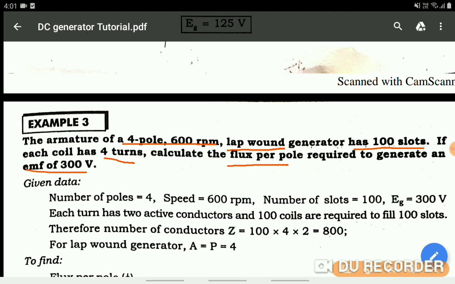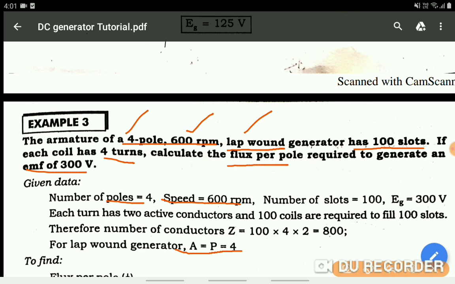So let us collect the data given and try to find the asked flux per pole. The number of poles P equal to 4, speed N equal to 600, it's a lap wound. From this we can easily write A equal to P equal to 4.